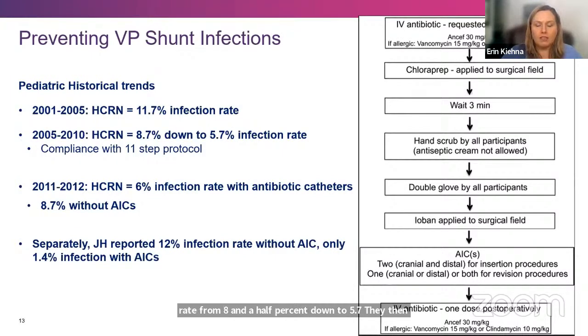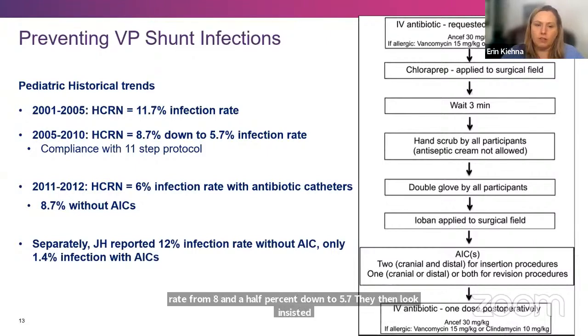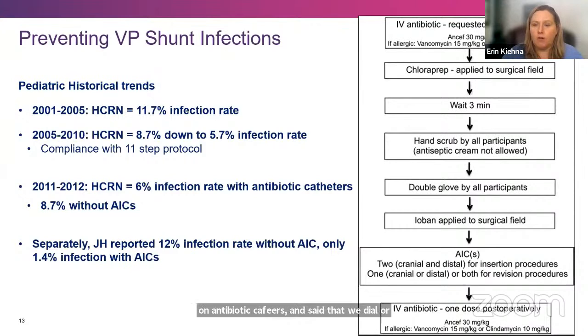They then insisted on antibiotic catheters and said that we are now maintaining our infection rate at 6% with antibiotic catheters, but we're finding that it's 8.7% without antibiotic catheters. But interestingly, about the same time, Johns Hopkins reported their infection rates with and without antibiotic catheters in about 300 shunts.